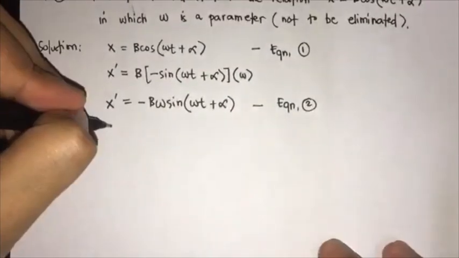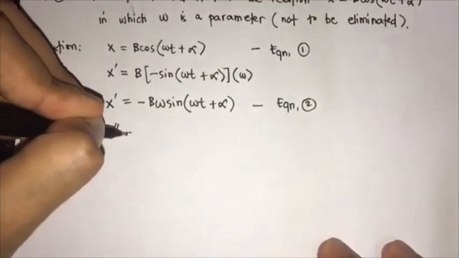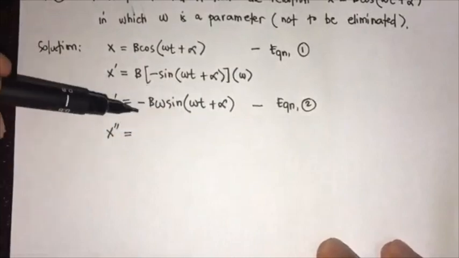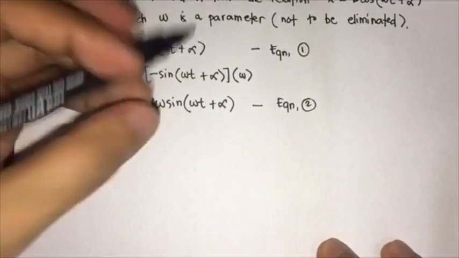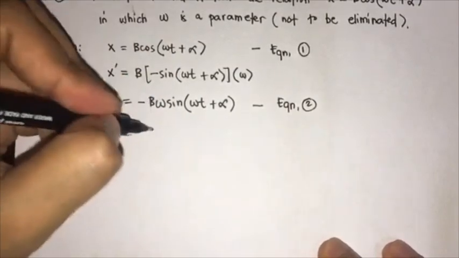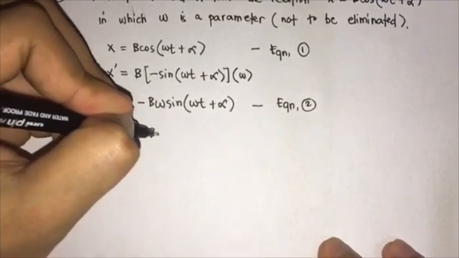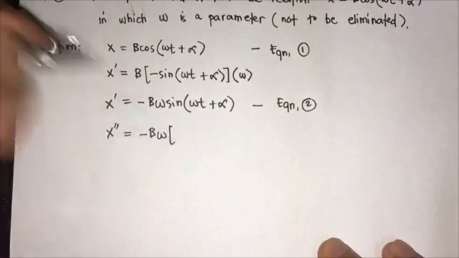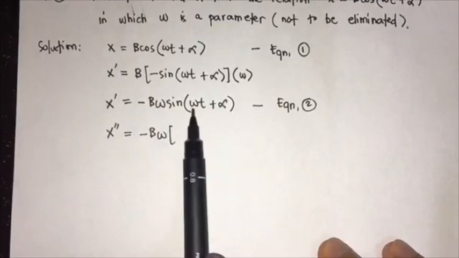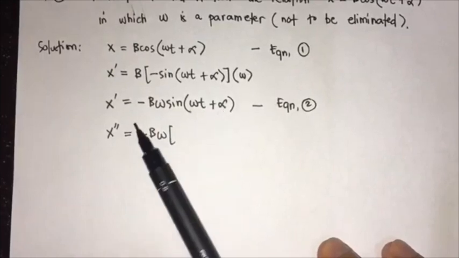So x double prime is equal to, deriving this again, negative b omega, which are constants, so write them, multiplied by the derivative of sine of omega t plus alpha with respect to t.